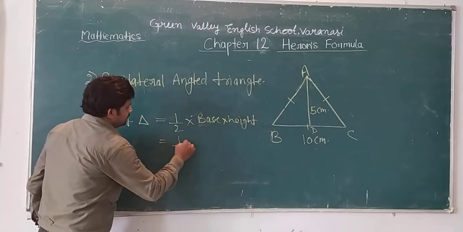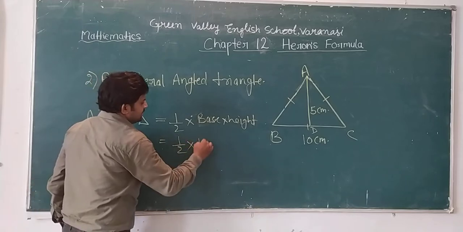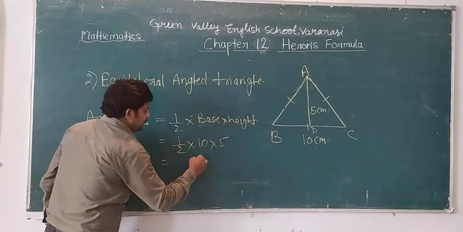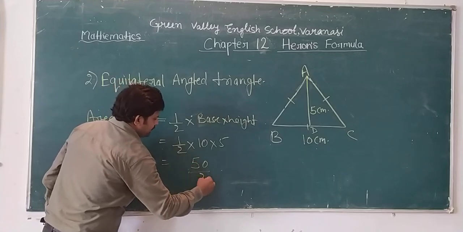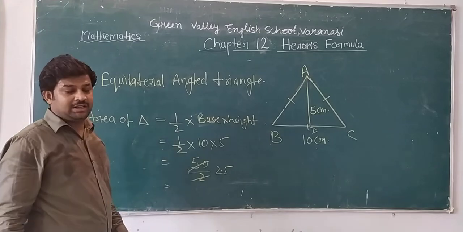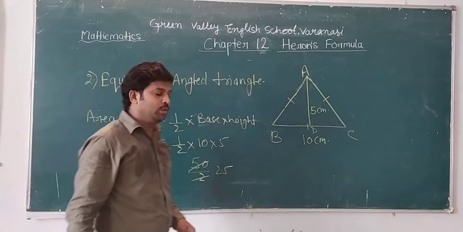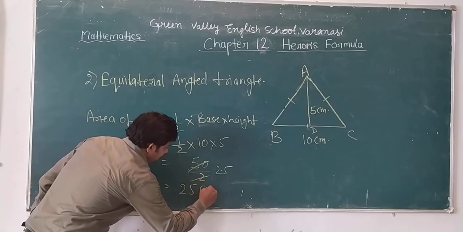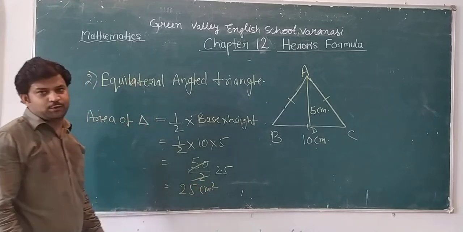Then 1 upon 2, base is 10 and perpendicular height is 5. 10 into 5, 50. 50 upon 2, 25. Area of equilateral triangle, when height is given, is 25 centimeter square.